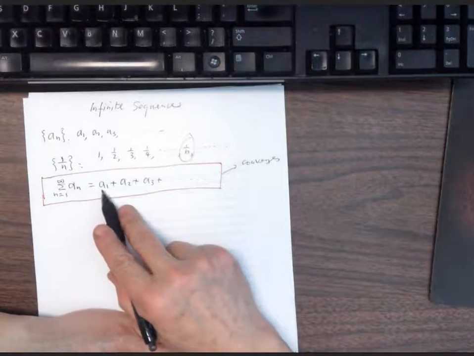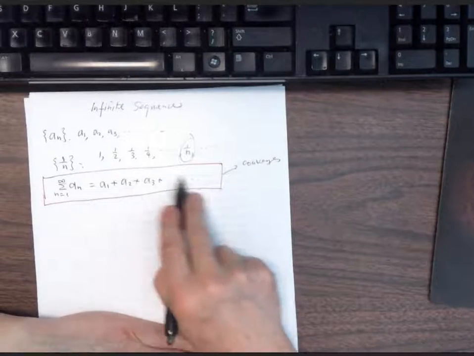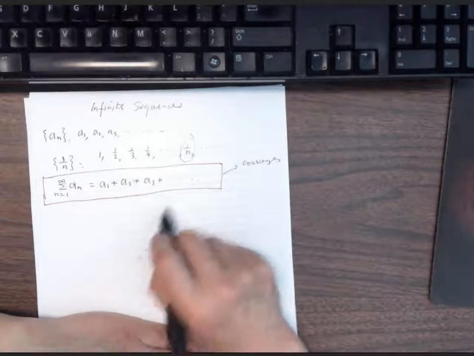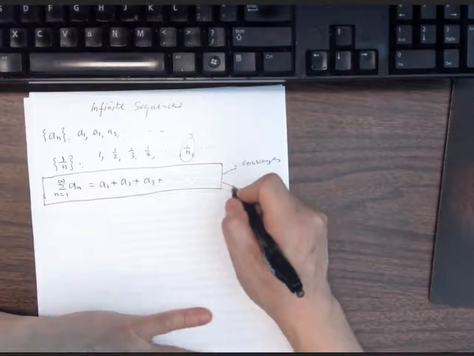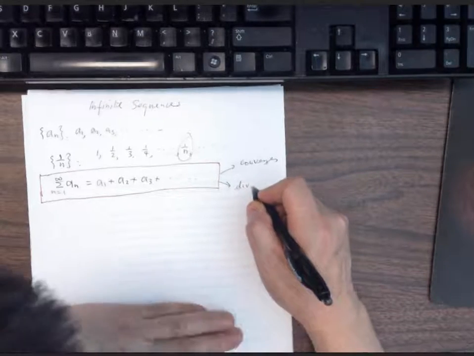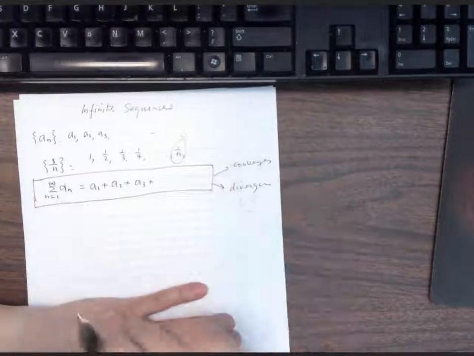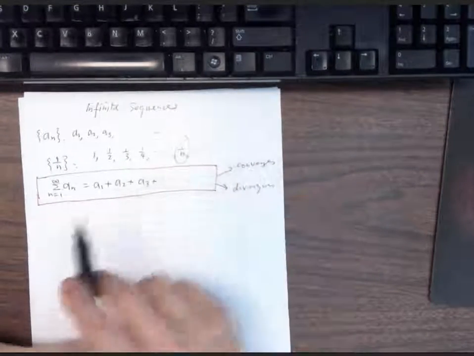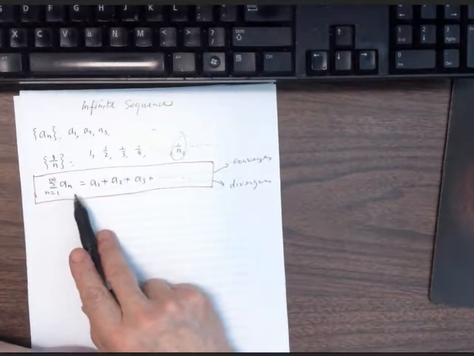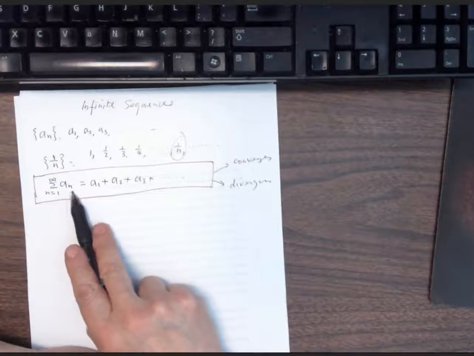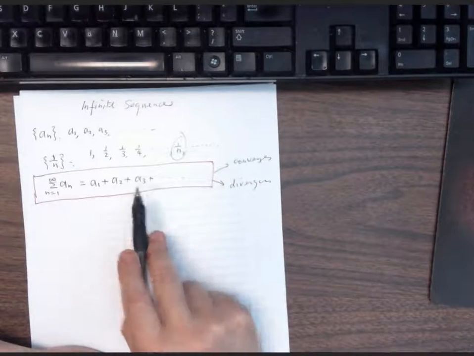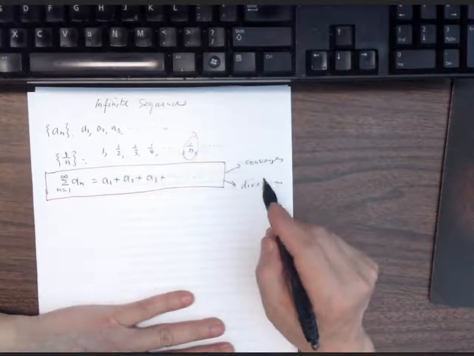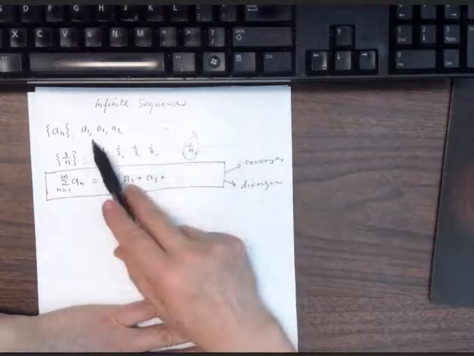Or if it's impossible to determine the value of the sum, we say the series diverges. So our goal really is to try to determine whether an infinite series, a sum of infinite numbers, converges or diverges.